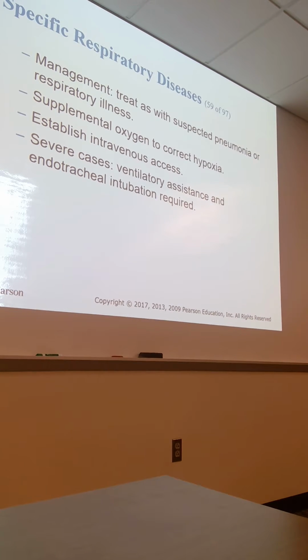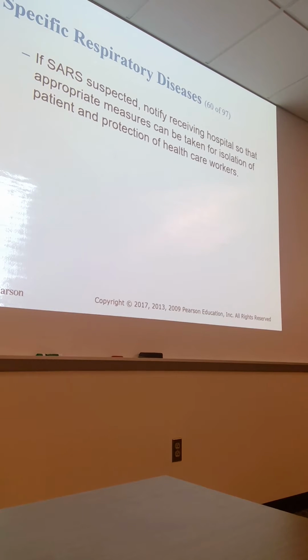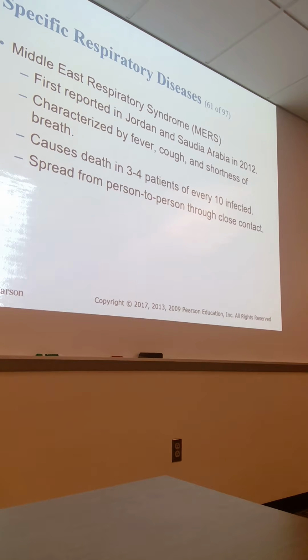Leads to respiratory failure, may need ventilatory assistance. If you suspect SARS from out of country travel, protect yourself and notify the hospital that you're coming to so that they can take steps to isolate this patient from the rest of the universe.